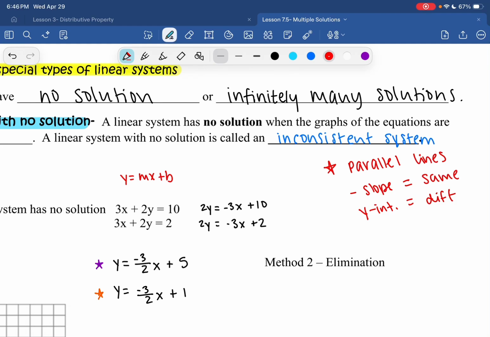Because if the y-intercept and the slope were the same, they would just be the exact same line. So parallel lines, the slope is the same. Hold on, that kind of looks like negative slope. I don't want you to get confused. So the slope is the same, but the y-intercept is different, okay?